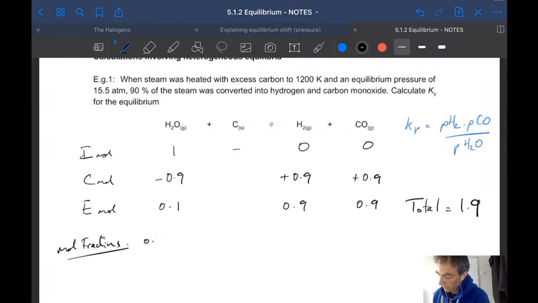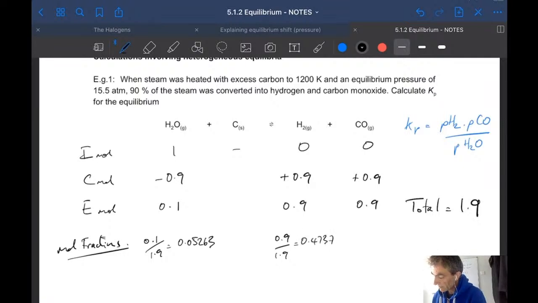So that would be 0.1 divided by 1.9, which is 0.05263. Then 0.9 divided by 1.9, which is 0.4737.